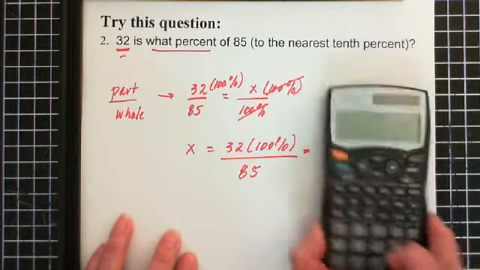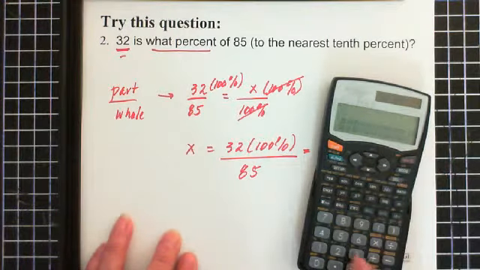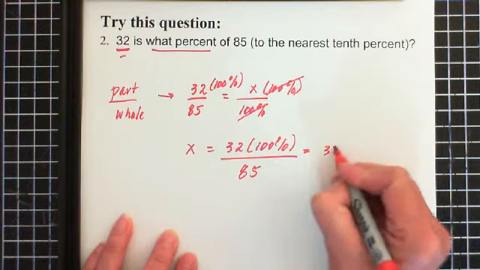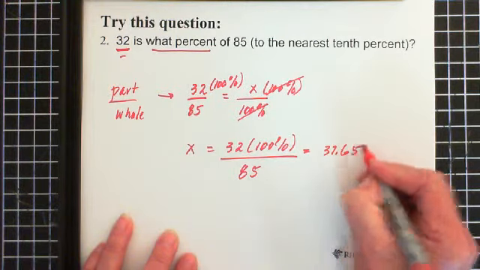And we just put that into our calculator. 32 times 100 divided by 85 equals 37.65.